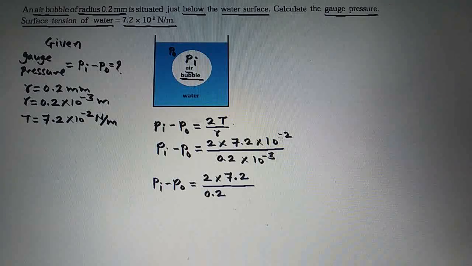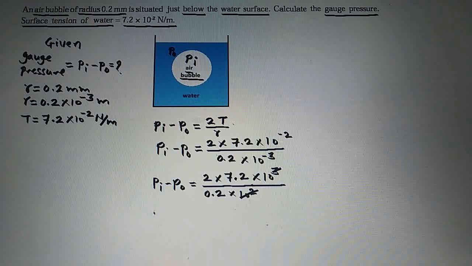This 10 raised to minus 2, we will write as 10 raised to plus 2 in the denominator, and this 10 raised to minus 3 in the denominator, we will write as 10 raised to plus 3 in the numerator. Now the 10 raised to 2 and 10 raised to 3, the two tens get cancelled, so the remaining will be 10.